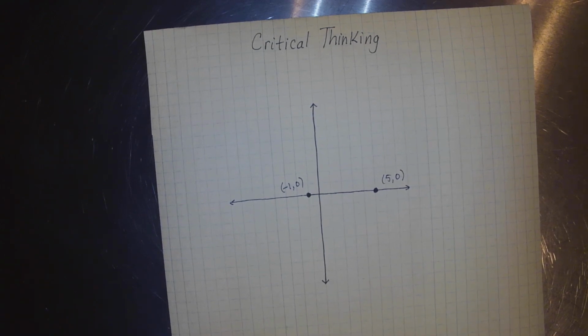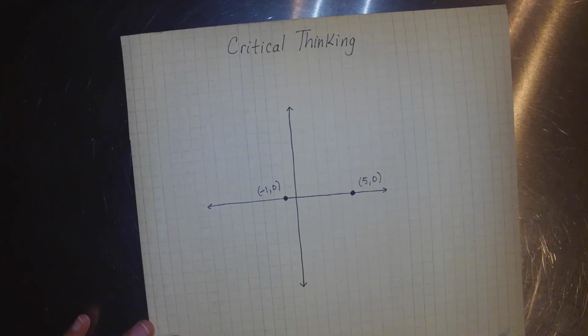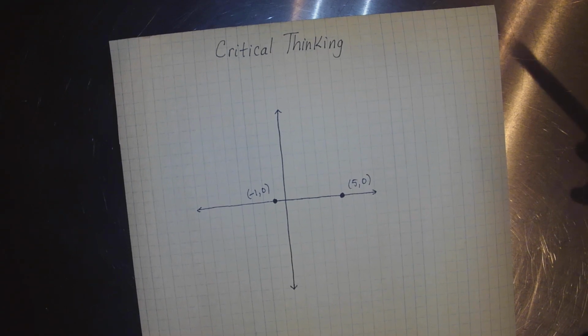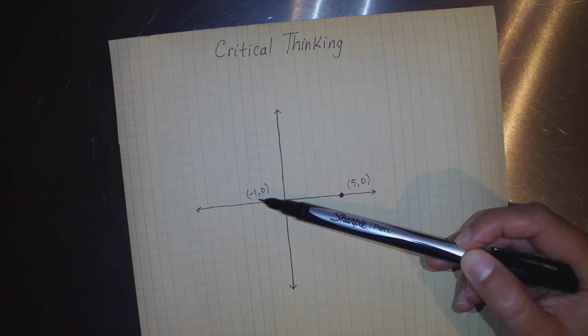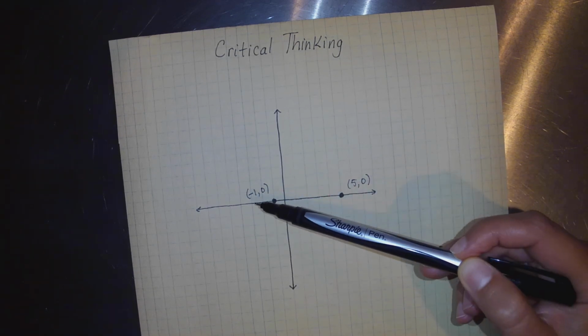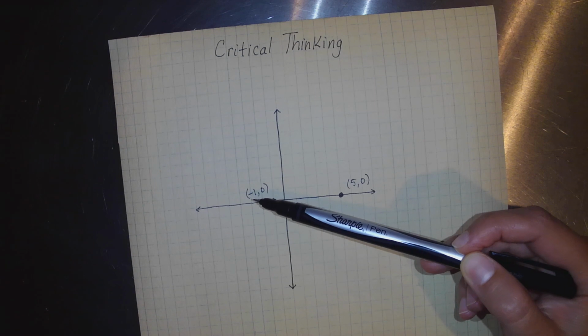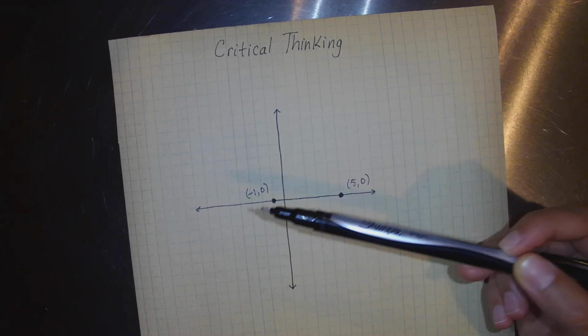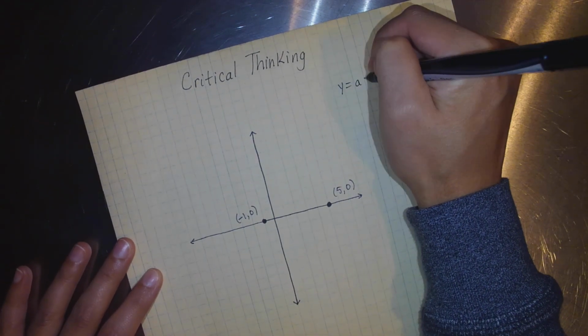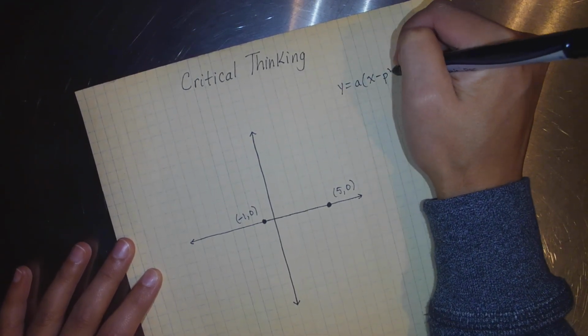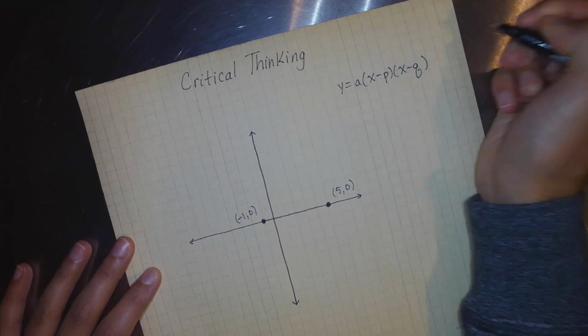Think about your intercept form and work backwards. We know that our x-intercepts are (p, 0) and (q, 0). So let me write out the formula here: x minus p, x minus q.